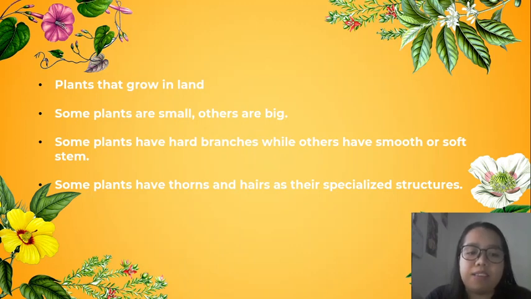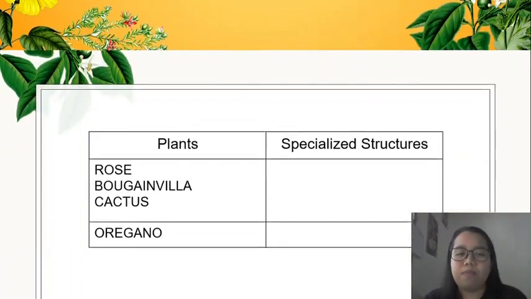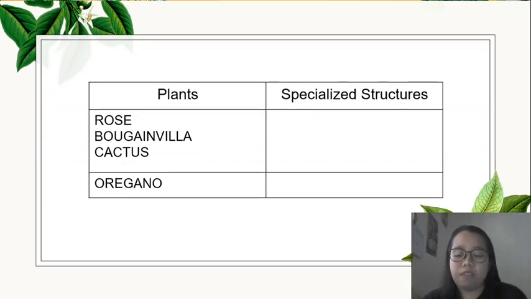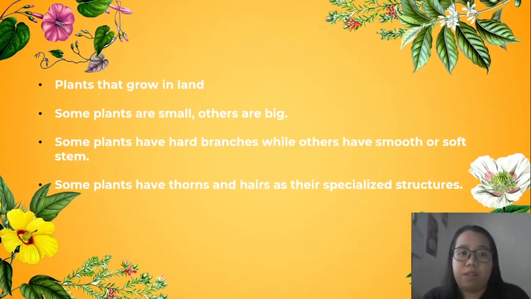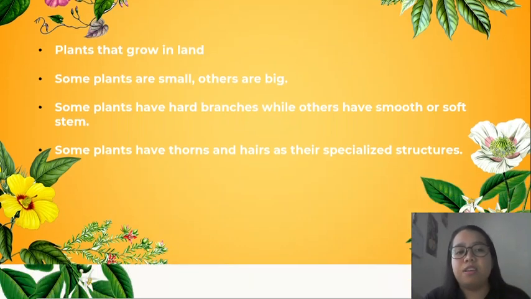And some plants have thorns and hairs as their specialized structures. So that is the terrestrial plant.